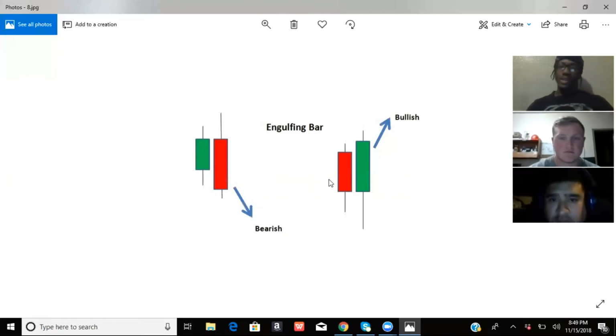All right. So Keaton, again, do you want to take this one? Yeah. So the engulfing candlestick, as you can see, whether it's bearish or bullish, basically what you're going to start off with, we'll look at the bearish side first on the left.